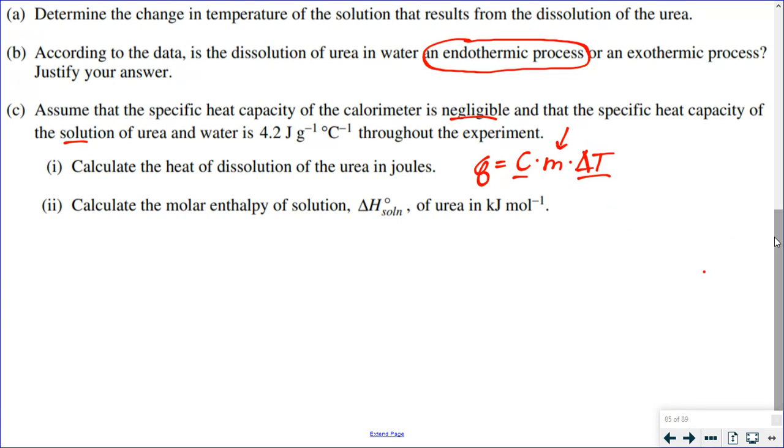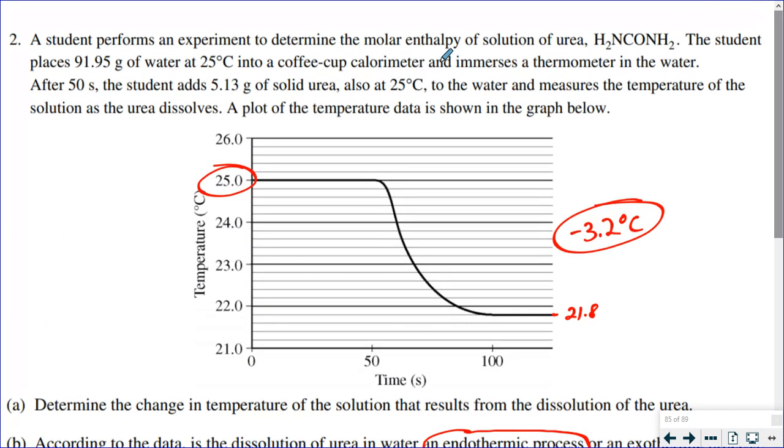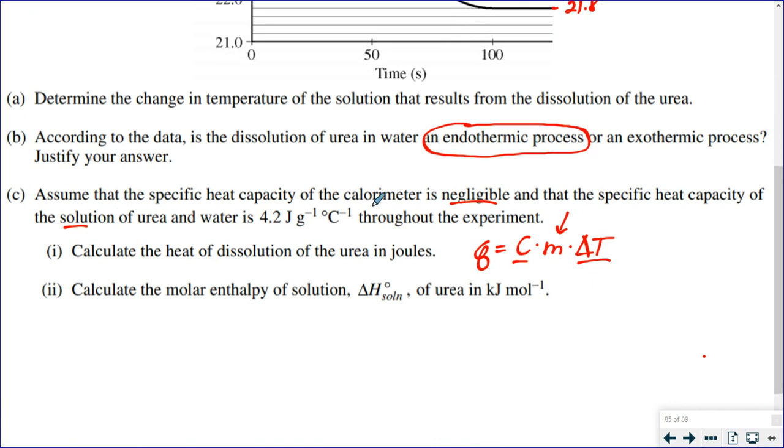And just a reminder for calorimetry, if you want to know the mass, you need to go back to your problem, find your mass of water. But you also need to consider, is the mass of the reactant going to be included? And the answer is yes in this case, because the solid urea dissolves and becomes part of the solution. Another indicator for that, it gives you the specific heat capacity of the solution, not the water, the solution.